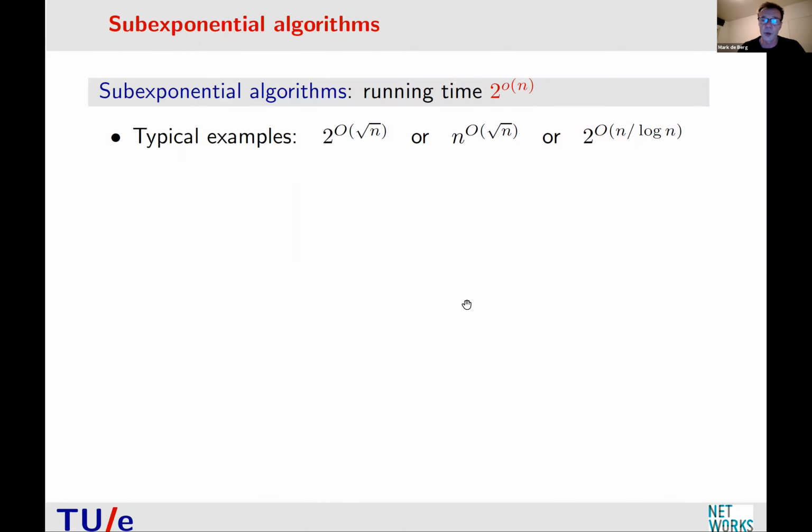That means that the running time is 2 to the little o of n. So for instance, 2 to the order square root of n, or maybe n to the square root of n. You have to think a little bit about it, but of course this n to the square root of n is 2 to the square root of n log n. So that's also 2 to the little o of n, or maybe 2 to the n divided by log n. So something like that.